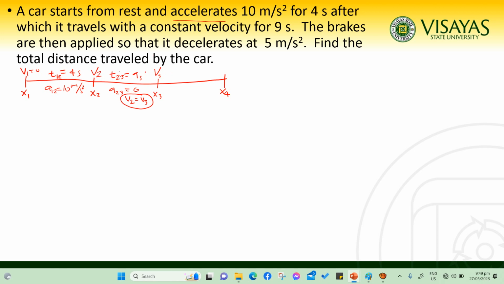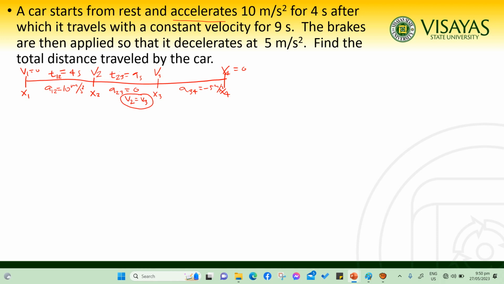You have there the deceleration a34, from 3 to 4, equal to negative 5 meters per second squared. We don't know the time. Time's not given, but we have velocity 4, which is equal to 0 because it comes to a stop.